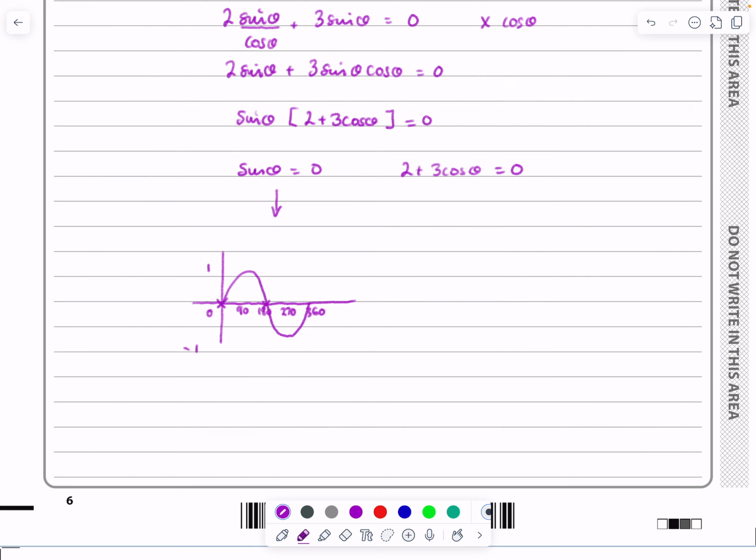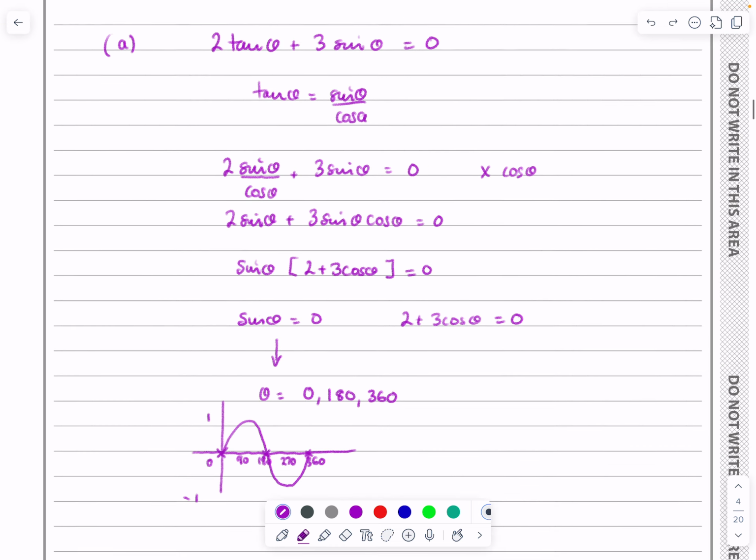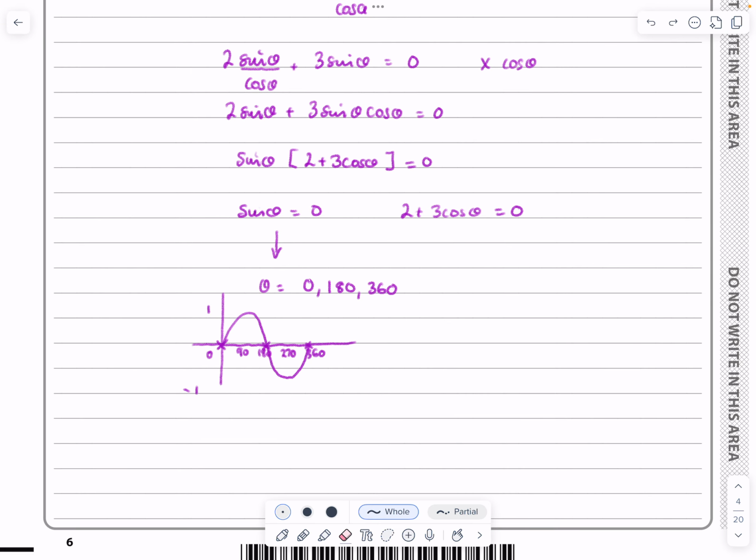Here, here, and here. So I'm not using the cast diagram for that. I'm simply saying straight away, okay, my answers are going to be theta is equal to 0, 180, and 360. But be careful, if we go back up here, it doesn't include the 0 there. It's from 0 to 360, but not including the 0 there. So I'm going to take away that one and just have 180 and 360 as those two.